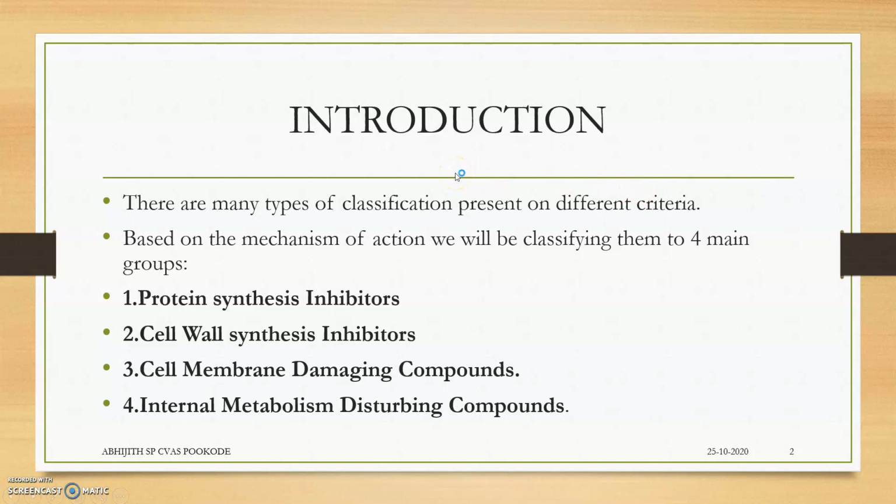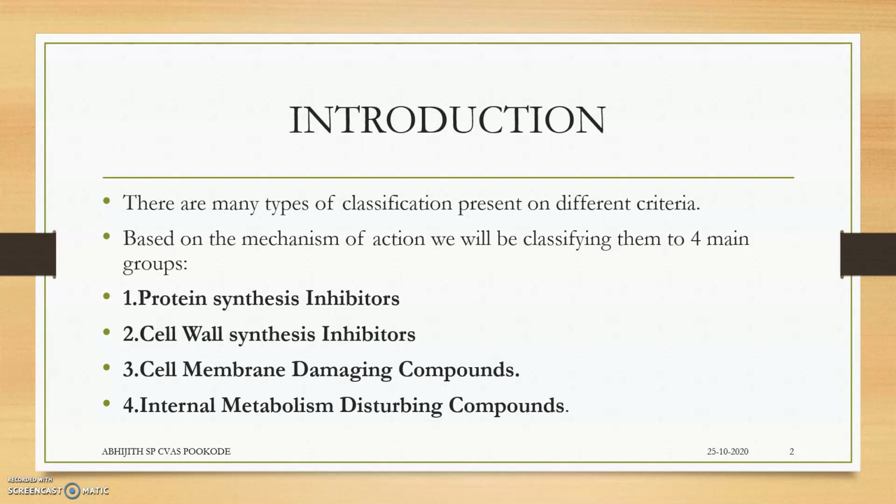There are many types of classification present in different books, like medical books, veterinary books, etc. We will be classifying them into four main classes based on the mechanism of action. The first one is protein synthesis inhibitors. Second is cell wall synthesis inhibitors. Third is cell membrane damaging compounds, that is, the antibiotics which act on the cell membrane and produce many problems in it.